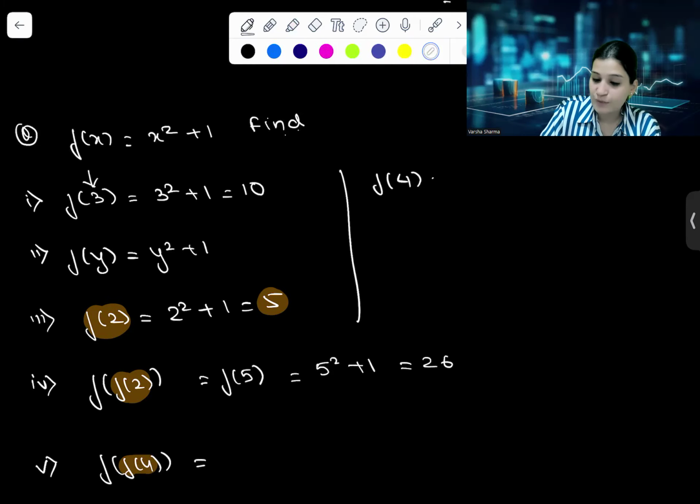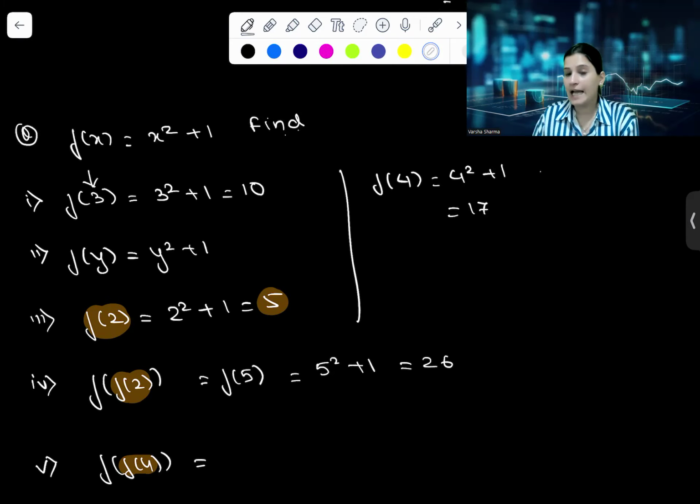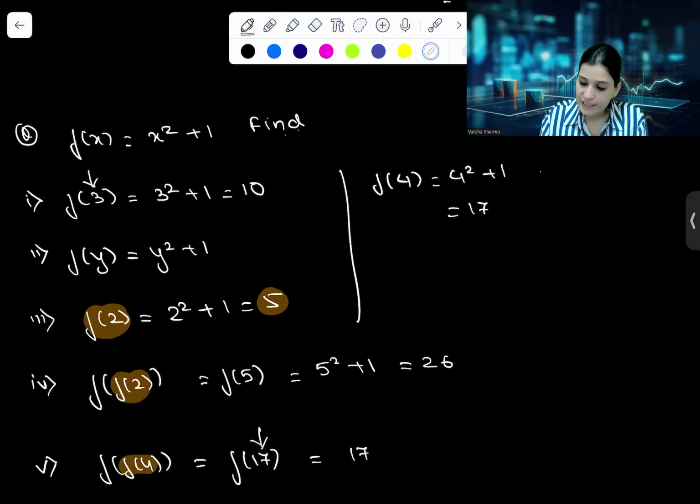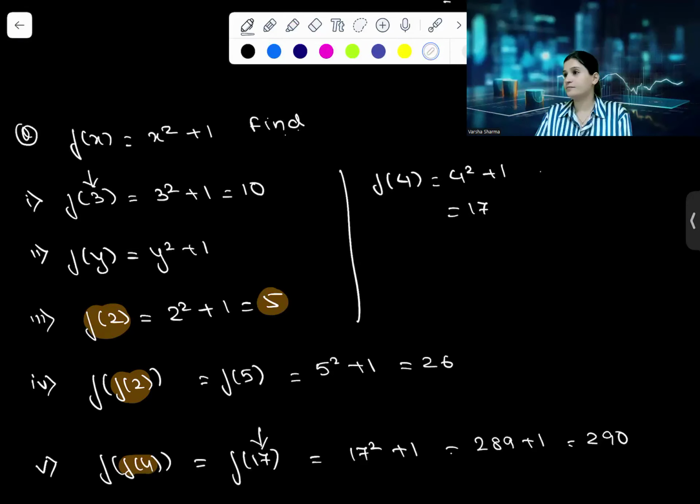So f of 4 would be 4 square plus 1, that is 17. And now this answer we will replace here. Whatever is written in the bracket, that gets replaced instead of x. So this would be 17 square plus 1, 289 plus 1, that is 290. Yes?